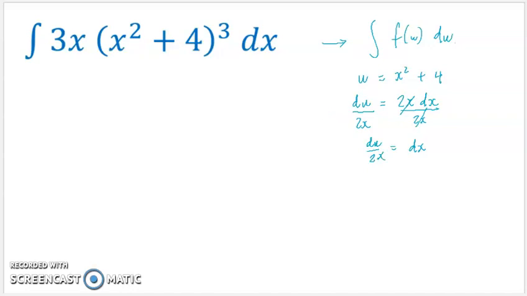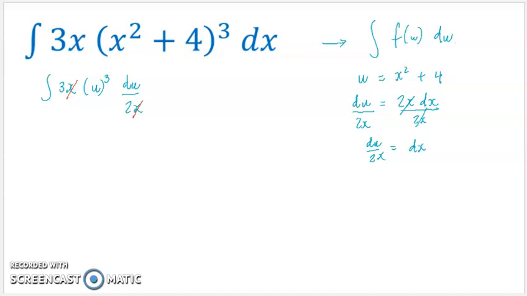So let us now rewrite our problem. This is our u and this dx is du over 2x. Then we will have 3x times u cubed and dx is du over 2x. And then as we can see, we can cancel the x here.